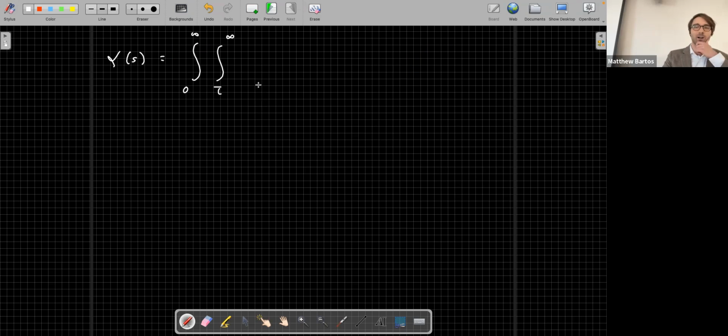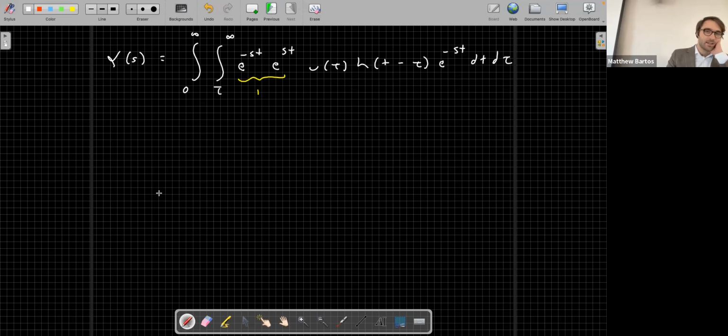I'll express 1 as e to the negative s tau, e to the s tau. So this is just equivalent to taking our function and multiplying it by 1, and the rest will be the same, u tau h t minus tau e to the negative st dt d tau.